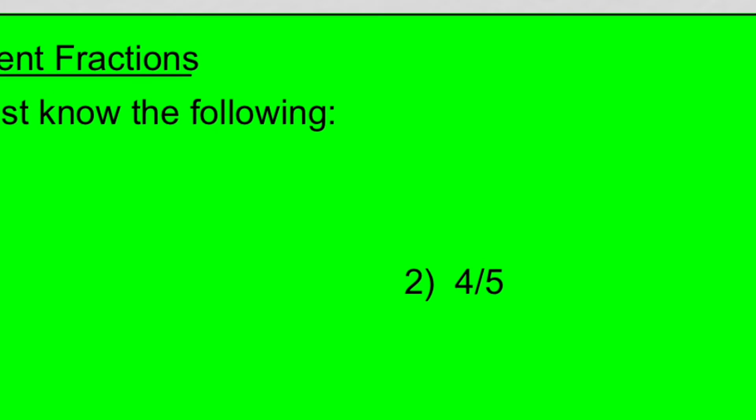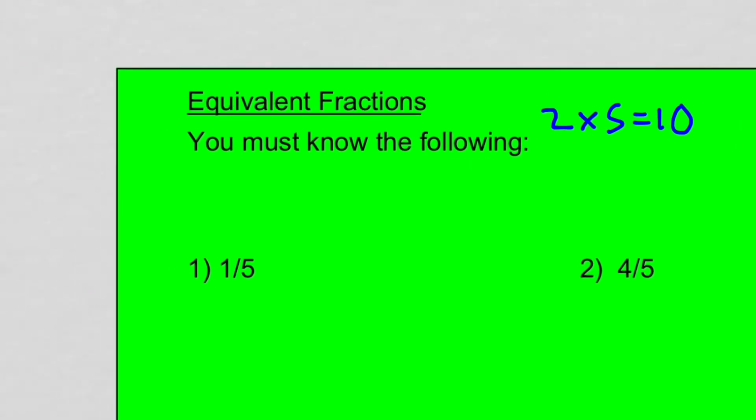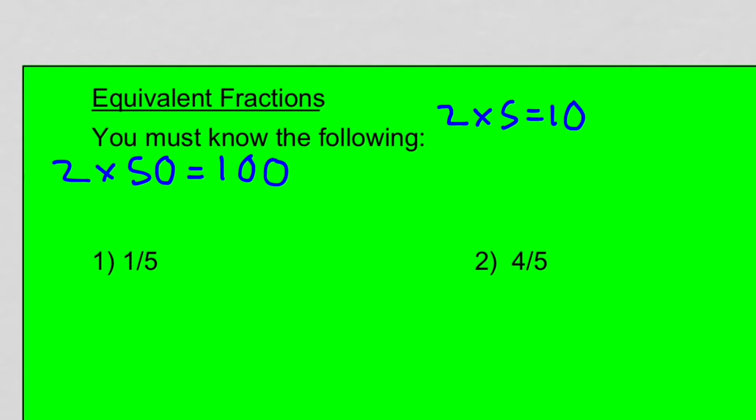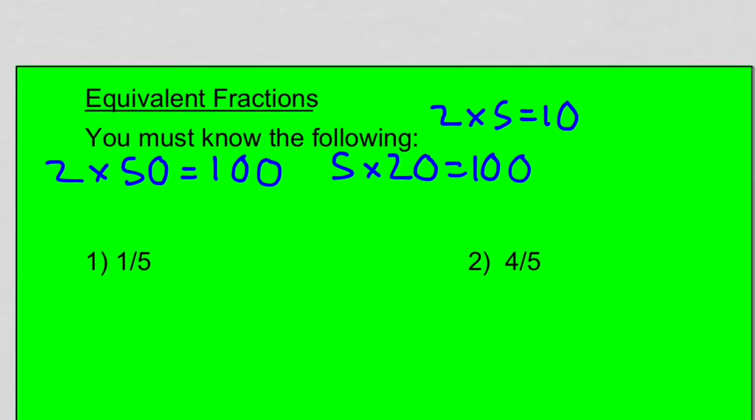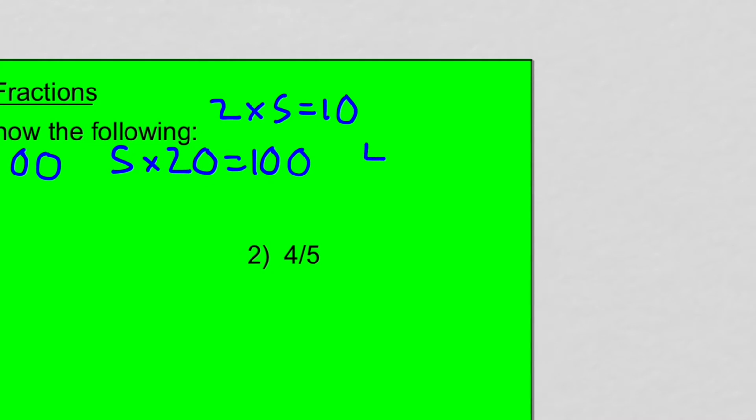You're going to have to know 2 times 5 is 10. You're going to have to know 2 times 50 is 100. You're going to have to know 5 times 20 is 100. You're going to have to know 4 times 25 is 100.